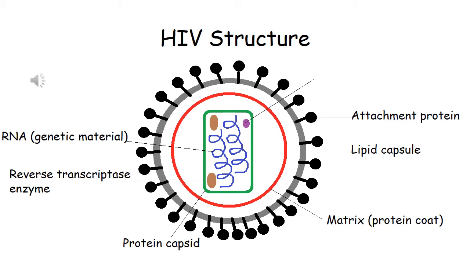Once the RNA has been converted into DNA inside the host cell, another important enzyme called integrase, shown here, is responsible for integrating the newly formed DNA into the host cell's DNA in the nucleus. So the viral genetic material moves into the nucleus of the host cell, and the integrase enzyme causes the DNA to randomly insert inside the host cell DNA.